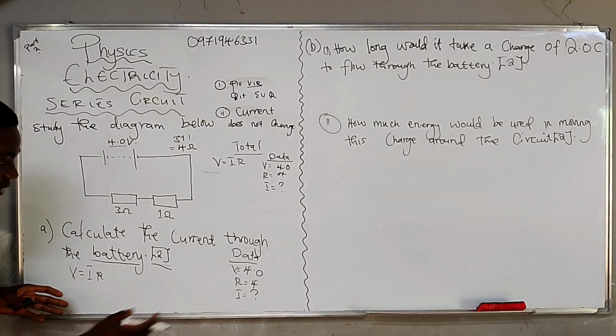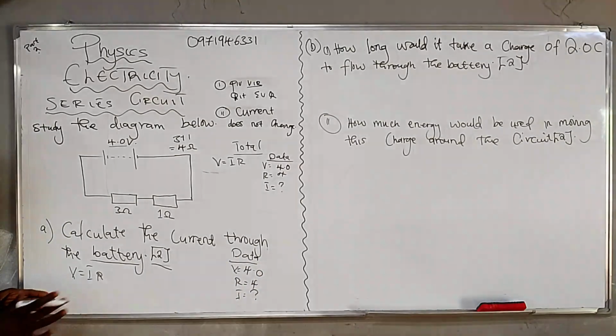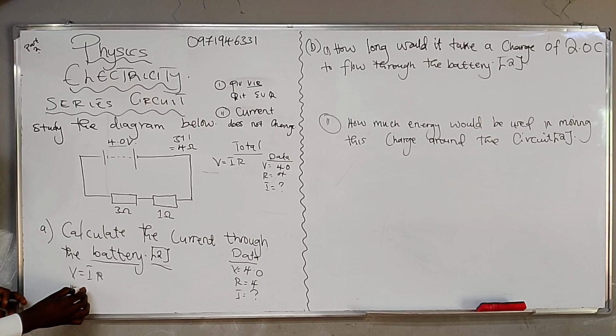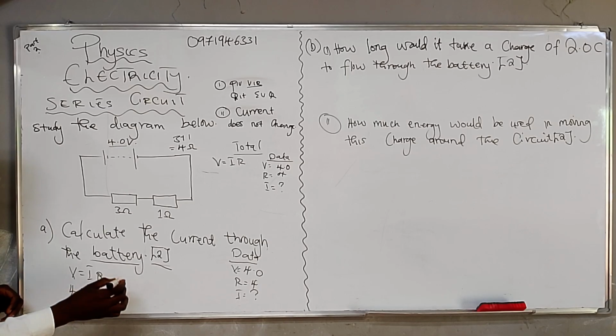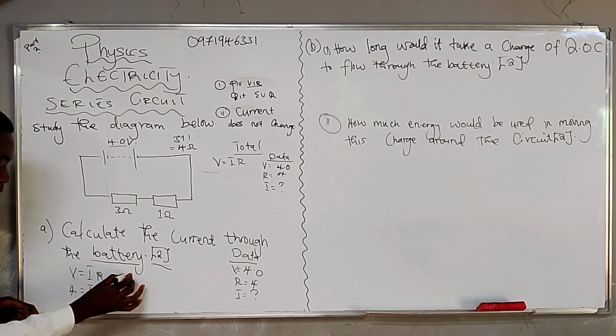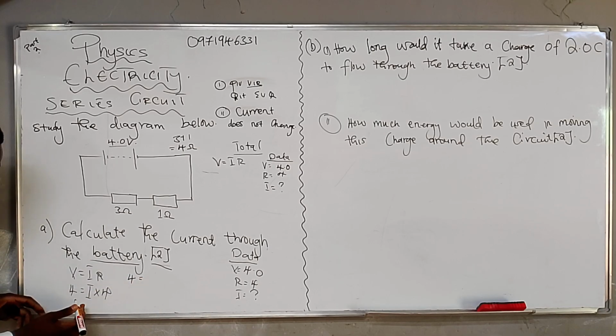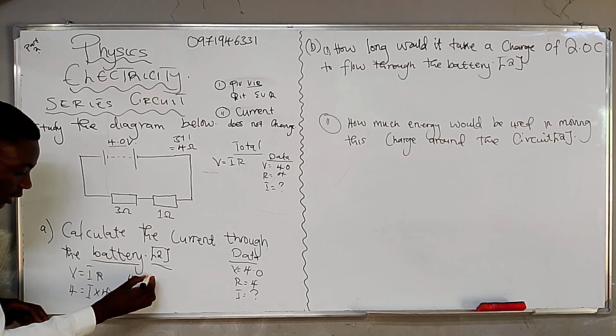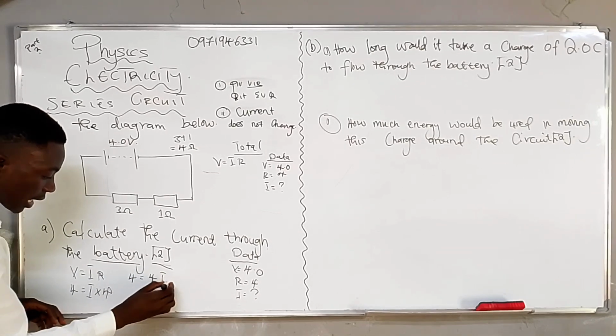So you can just replace everything you have on your data on this equation. So where there is V, you are putting 4 is equals to, where there is I, don't put anything, just put capital letter I multiplied by, where there is R, I put 4. Then you can say 4 is equal to I times 4, it is giving us 4I.